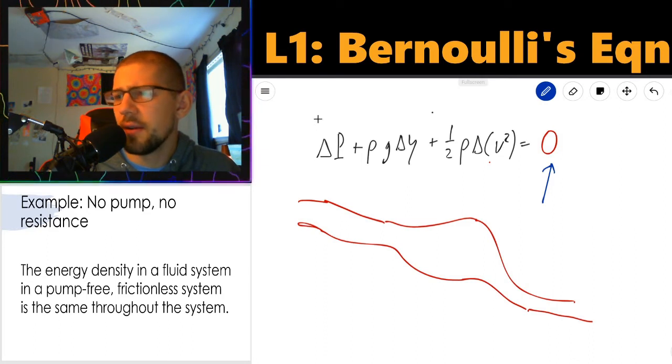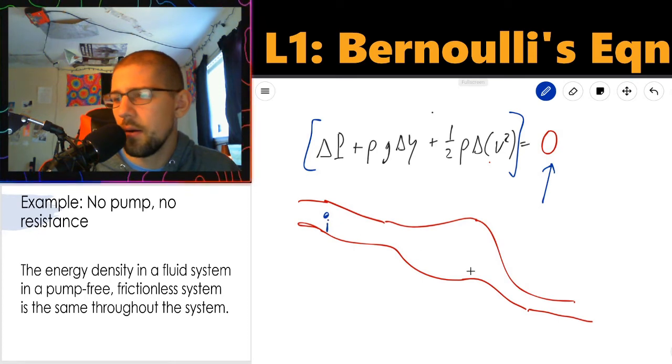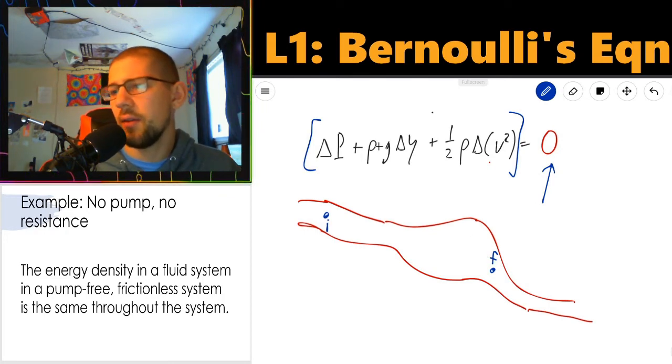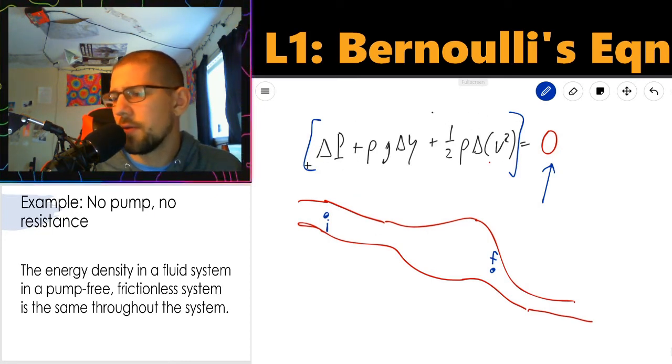And what that tells me is that the differences in these terms must eventually cancel each other out to equal 0. So if I pick any 2 points, say some initial point here, and some final point over here, any arbitrary 2 points, and I calculate the difference in pressure, the difference in the gravity head, and the difference in the kinetic head, if I sum up all those differences, they're going to add up to 0.